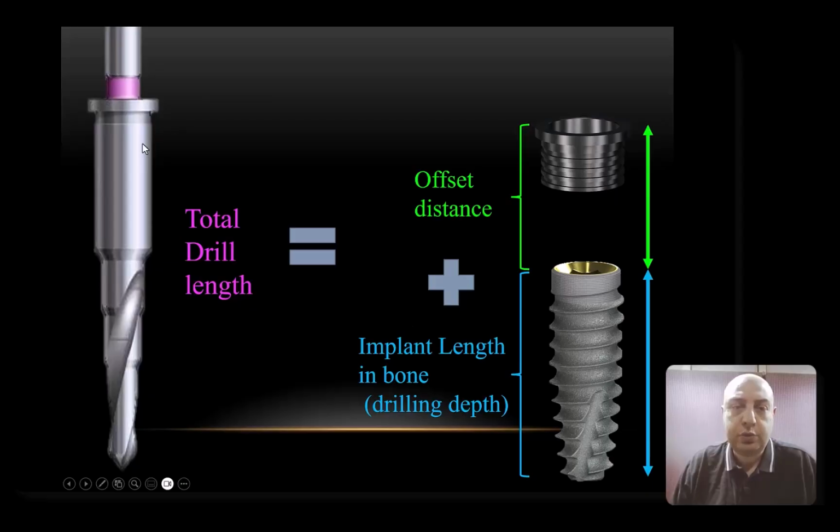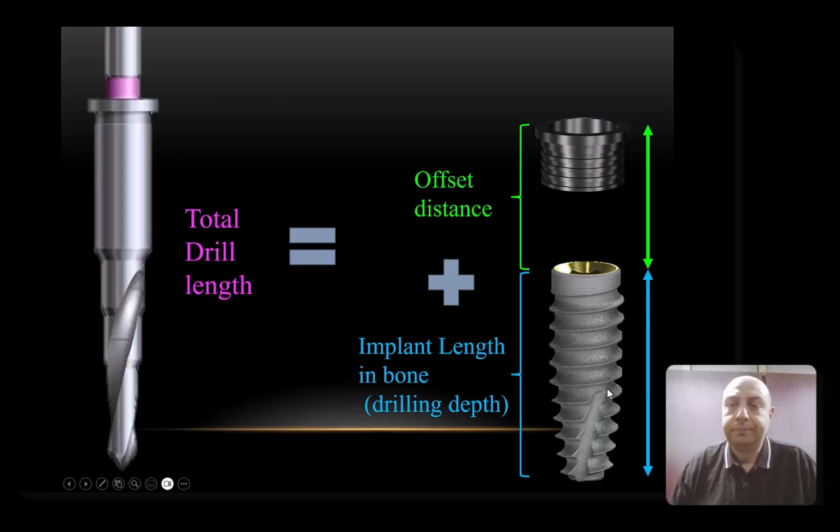So if we know the total length of the drill and we know the total length of the implant, then if we subtract the length of the implant from the total length of the drill, we'll get the offset. So you should know your implant dimensions and your drill dimensions, and subtract the implant from the drill.